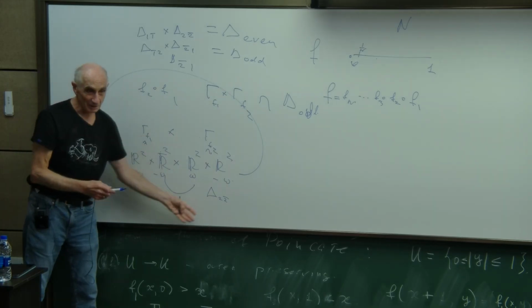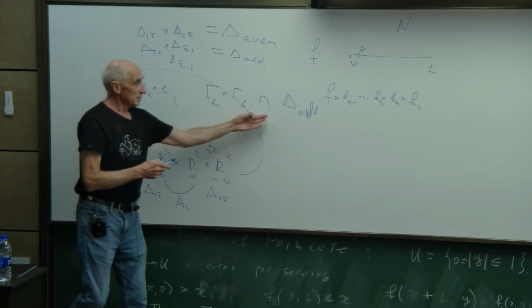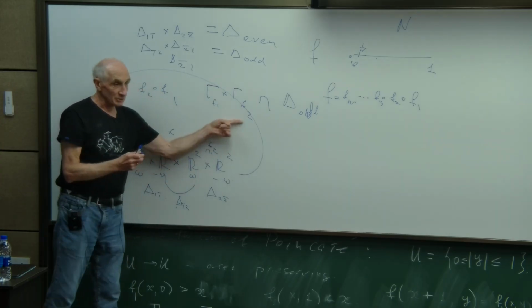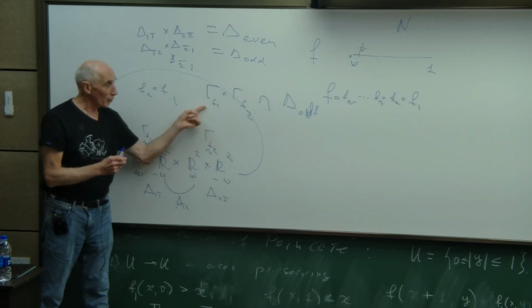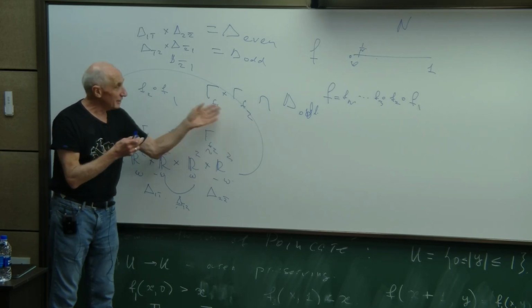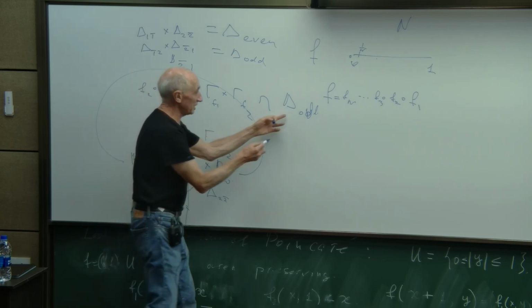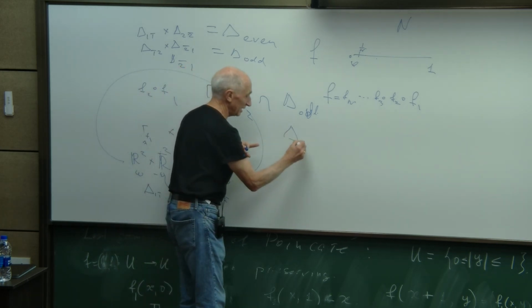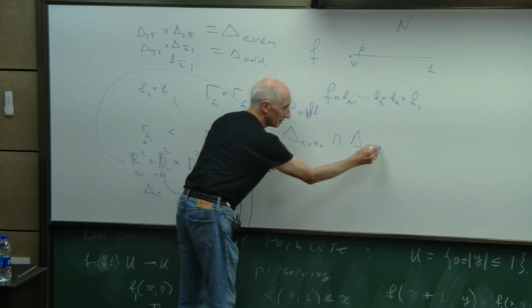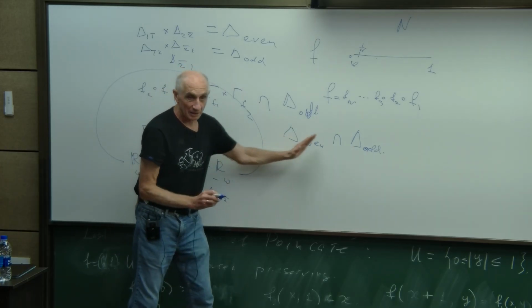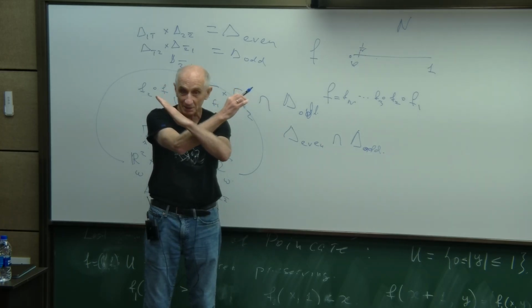Now, because these are all small, the product of this thing, you can make it again close to the diagonal. So the intersection of this, you can take Delta even intersect with Delta odd. It's the intersection of two Lagrangian subspaces, linear subspaces.